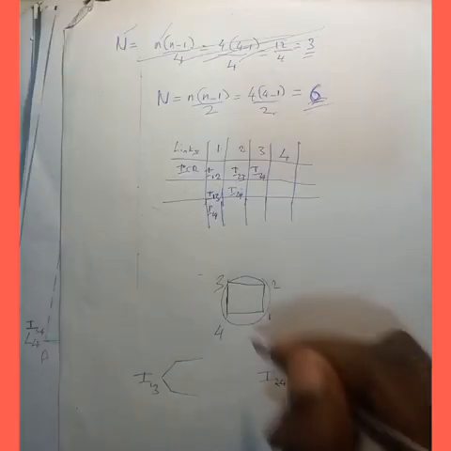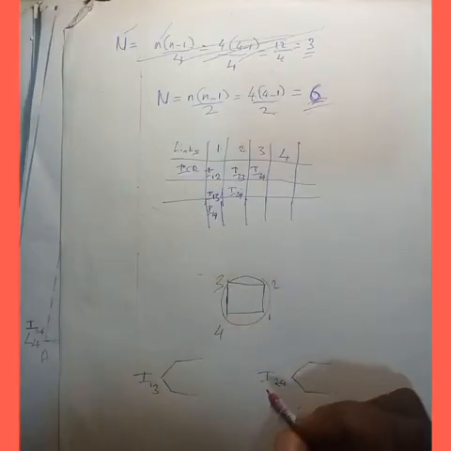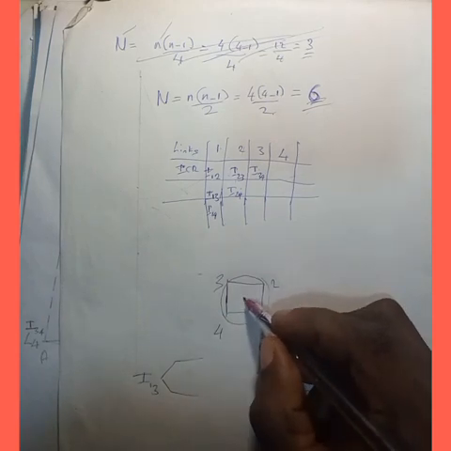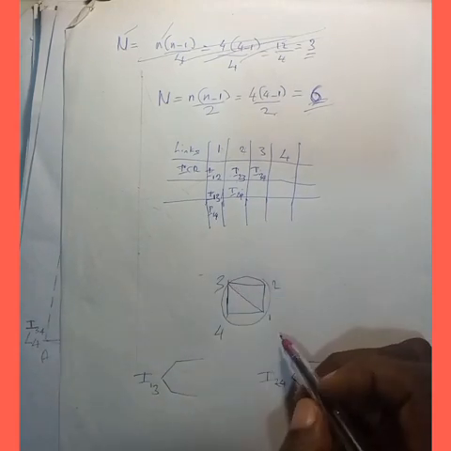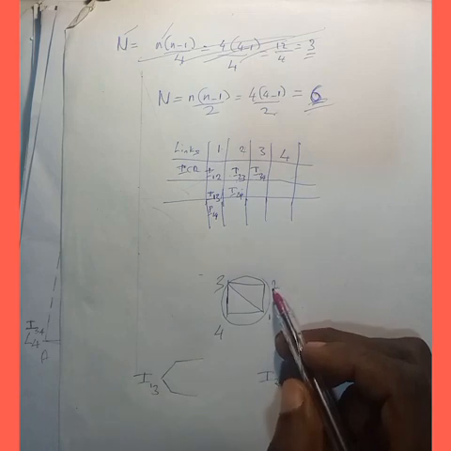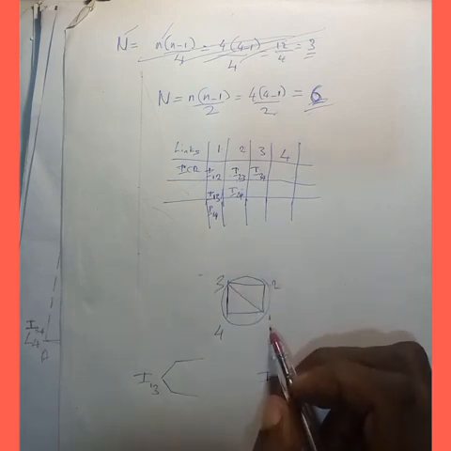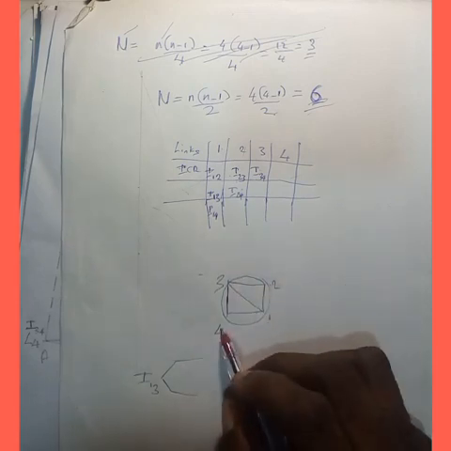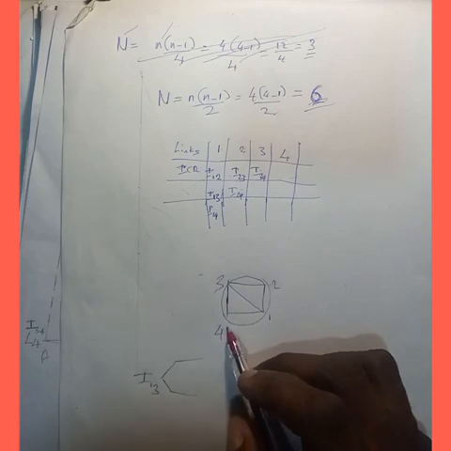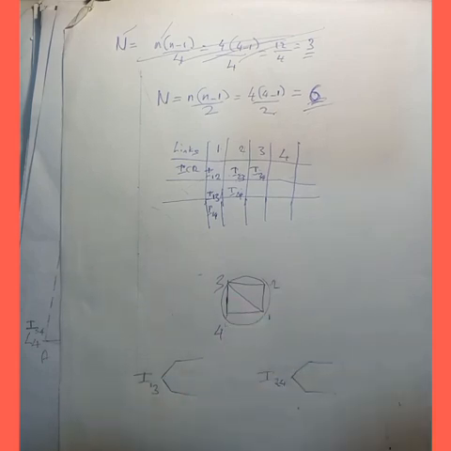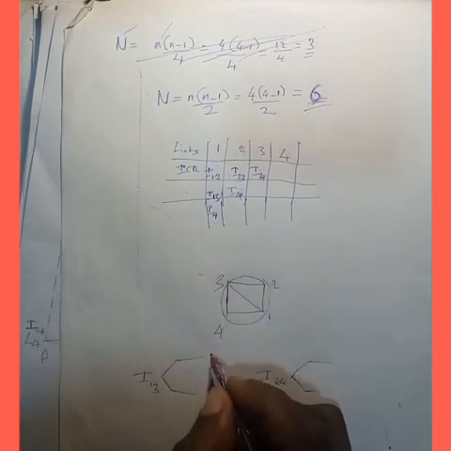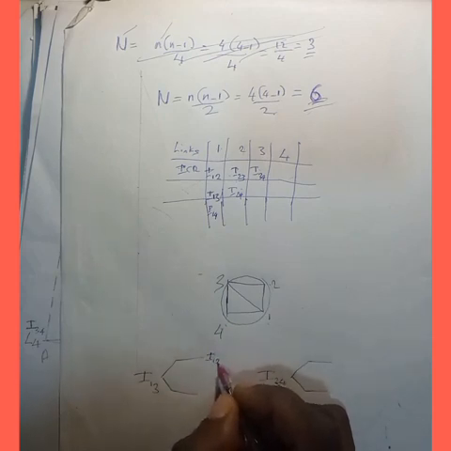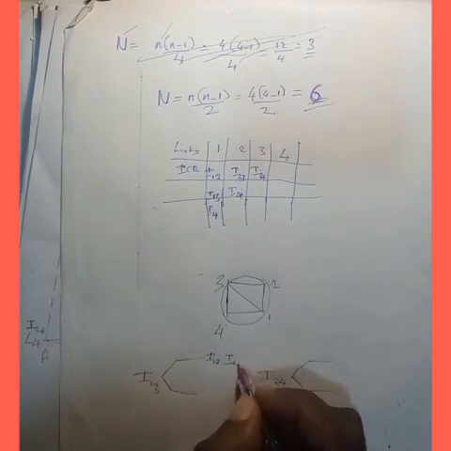So now looking at the polygon, if you want to move from point 1 to 3, you can come 1, 2, and then 2, 3. Or 1, 4, and then 4, 3. So that is 3, 4. So it means here you're going to have I12 and then I23.